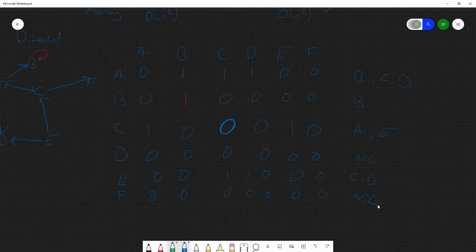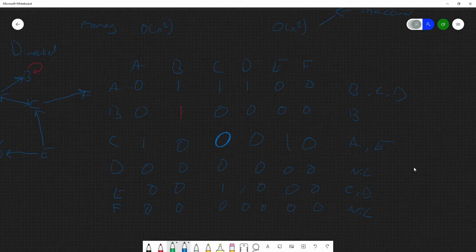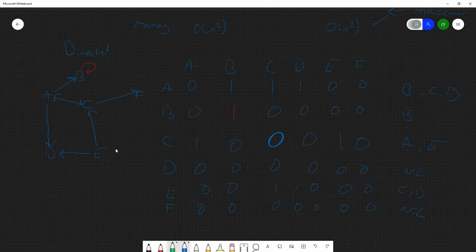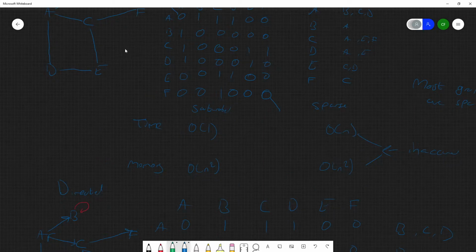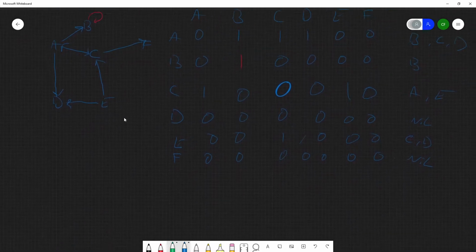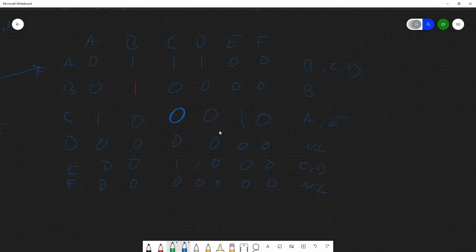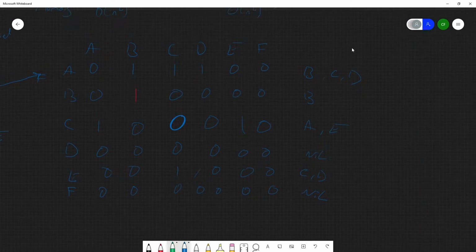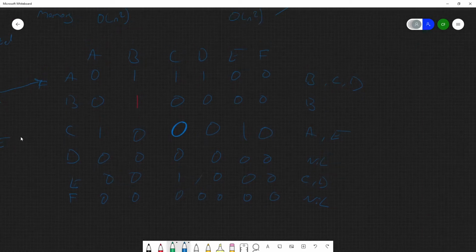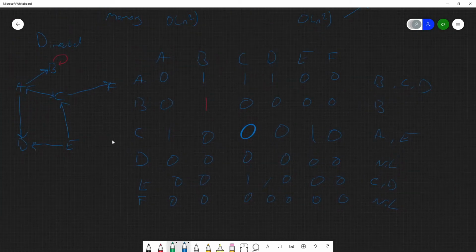Yes, that is correct. So even less data here because there's less data in this particular graph when it's directed versus when it's undirected. But again, we're still getting this A going to C, C going to A thing. We have duplicate data, and we would like to avoid that.